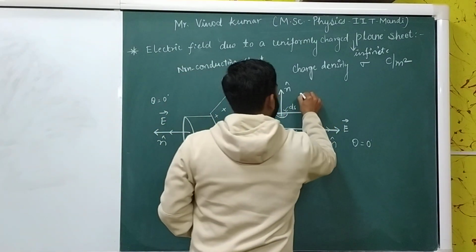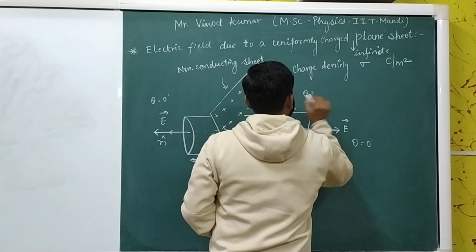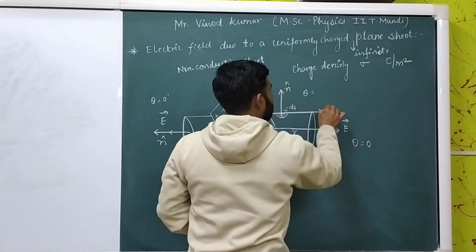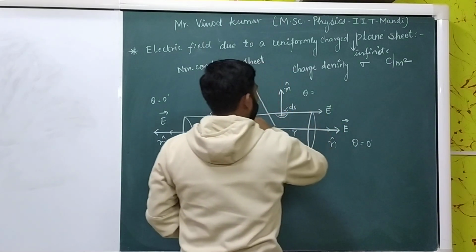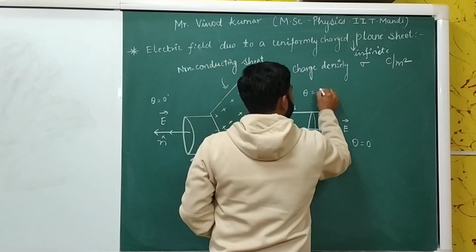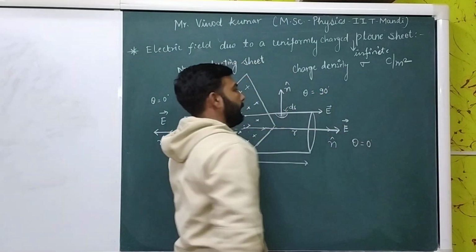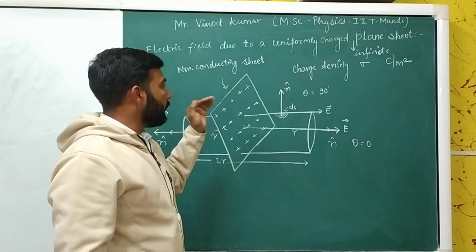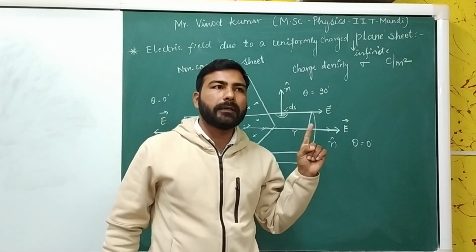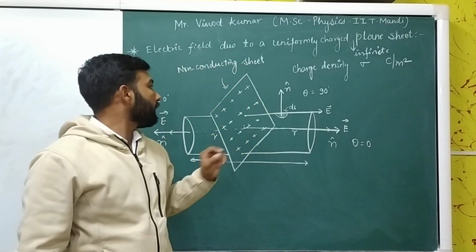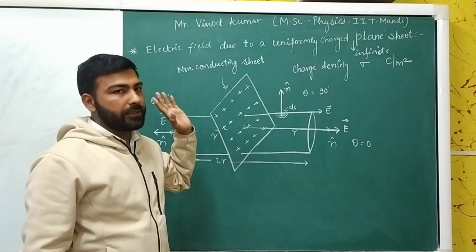So here also, this will be the electric field, and the angle between the electric field and the area vector is 90 degrees. So now we find the angles between area vector and electric field. Now our task is to find the electric field due to this infinite plane sheet.